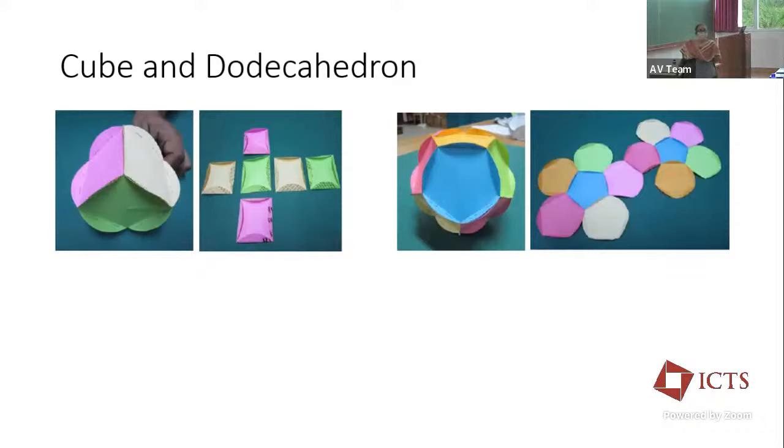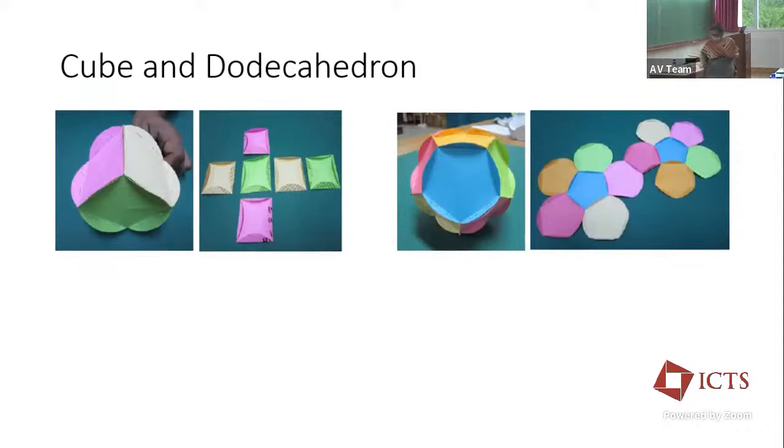Exactly, and can you guess why so? She said the number of colors is half the number of faces. So for a cube, you have 6 faces, we needed 3 colors. For the dodecahedron, 12 faces, we needed 6 colors. So half.